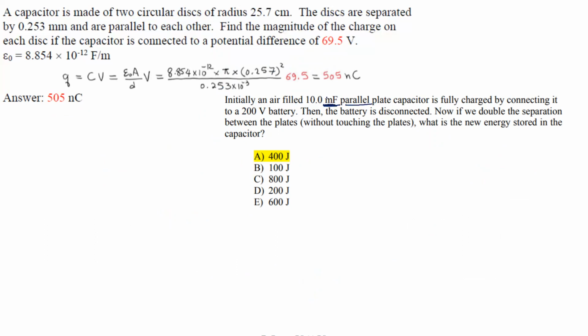This is milli, okay, not micro, milli, 10 to the power minus 4. The parallel plate capacitor is fully charged by connecting to a 200-volt battery. Then the battery is disconnected. Now, if we double the separation between the plates without touching the plates, what's the new energy stored in the capacitor?